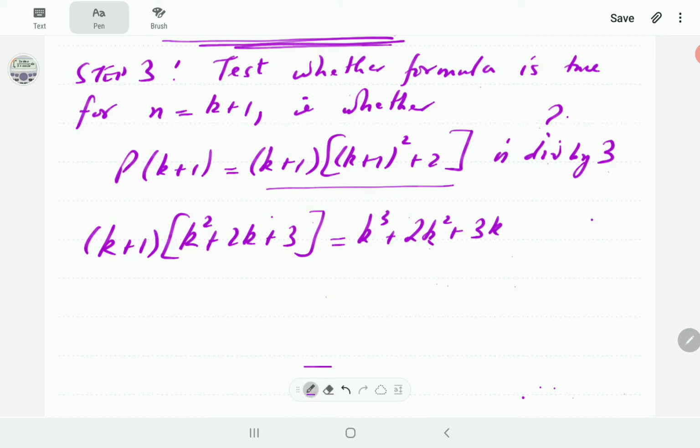Then if we multiply all these terms by 1, we're going to have k squared plus 2k plus 3. Then if we collect like terms, this is going to be k cubed plus 3k squared plus 5k plus 3. So that is our P of k plus 1.